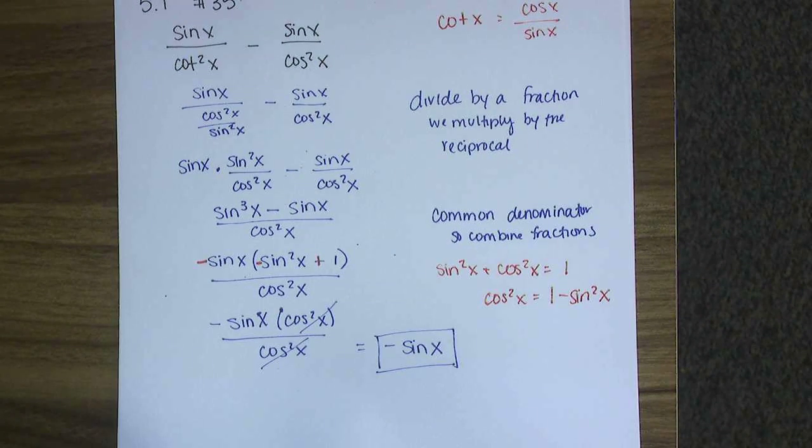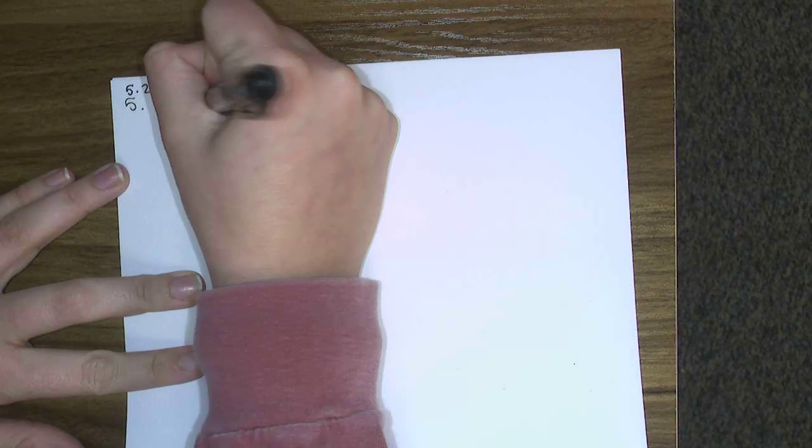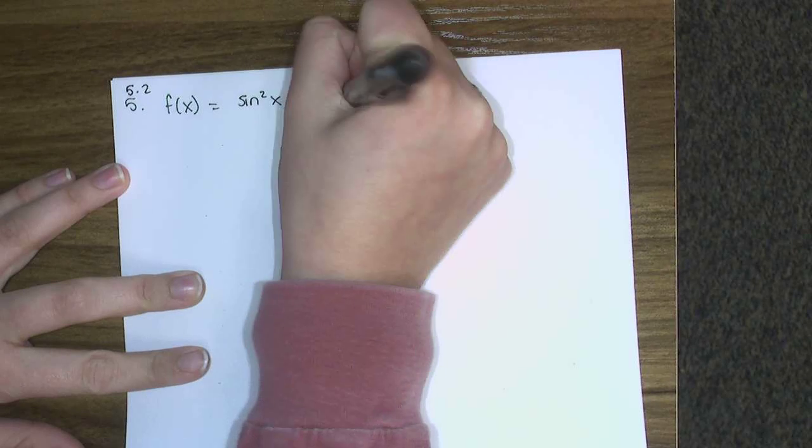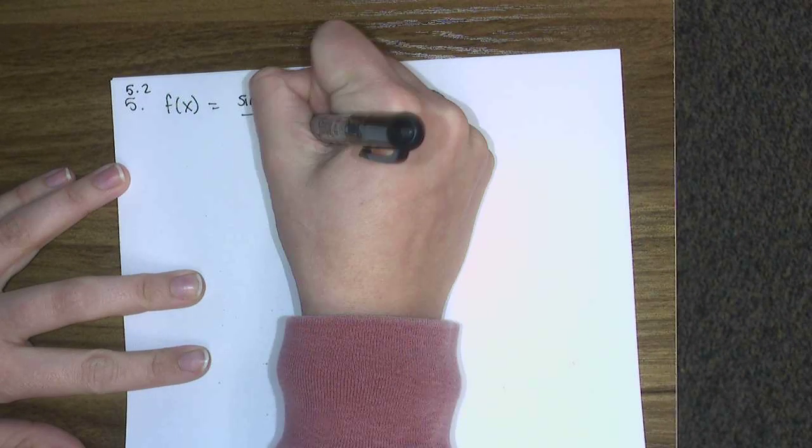Now, 5.2, number 5. These ones were showing that f of x is equal to sine of x. So f of x is equal to sine squared of x plus cosine squared of x all over cosecant of x.